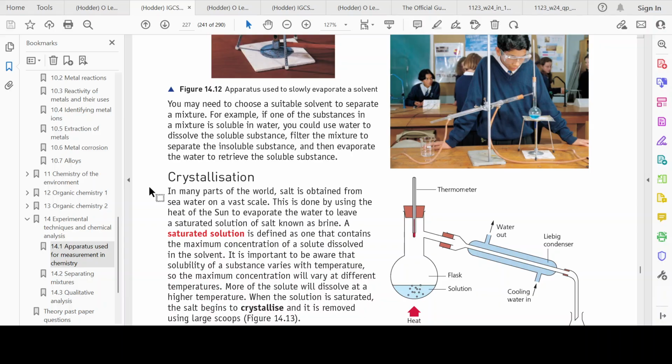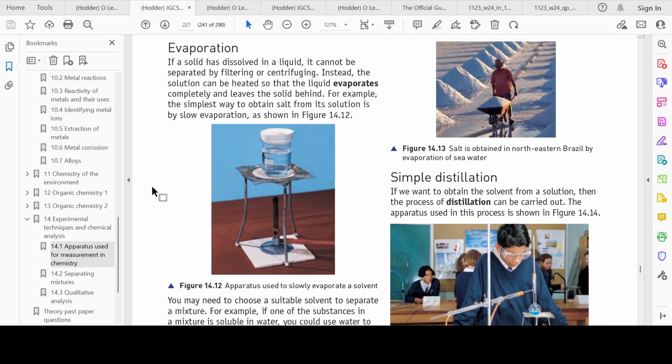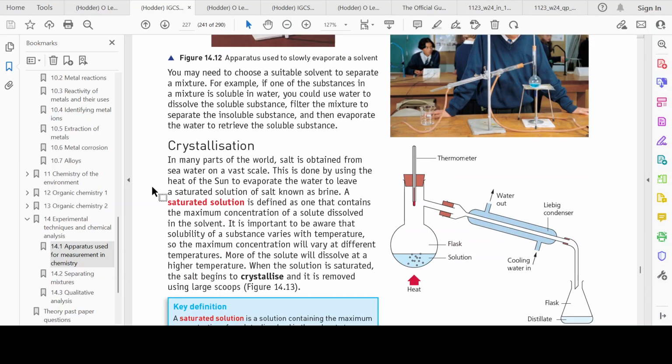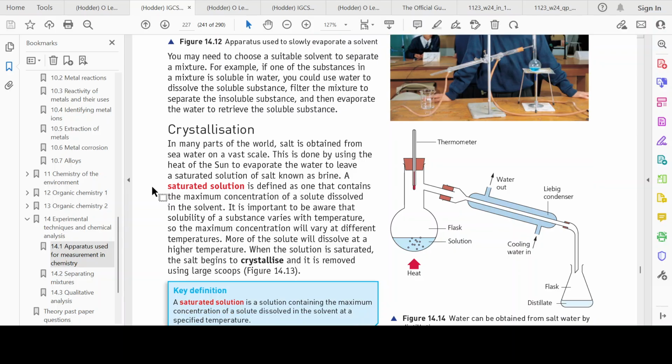So it's a two-step process in that case, if there's more than one solid in the mixture. If it's just a single solid, we can directly move to the evaporation part. So you could use water to dissolve the soluble substance, filter the mixture to separate the insoluble substance, and then evaporate it to retrieve the soluble substance.